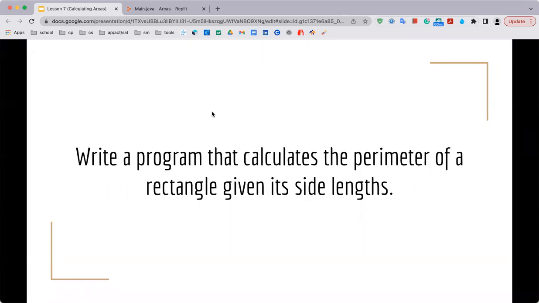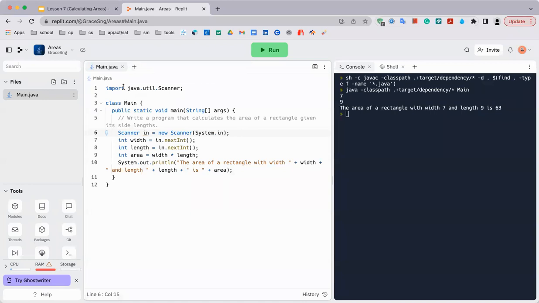All right, now here, let's keep working with the rectangle, but this time we want to write a program that calculates the perimeter of a rectangle given its side lengths. All right, so let's go back to the program. So once again, we still want to read in the width and we still want to read in the length.